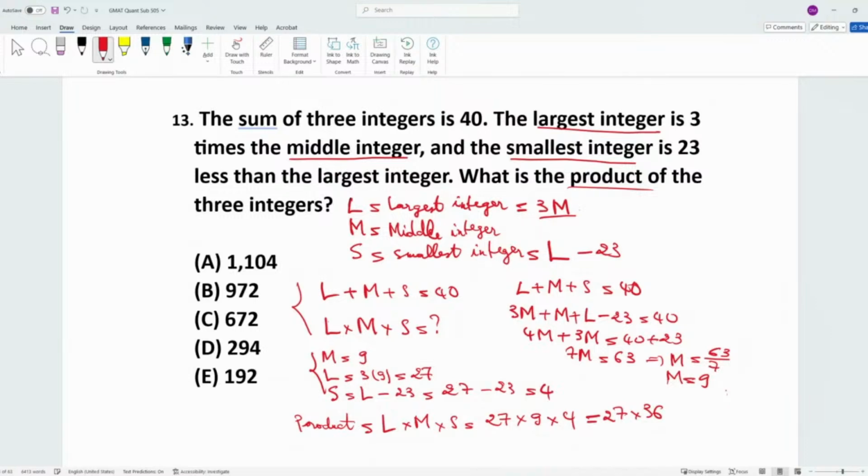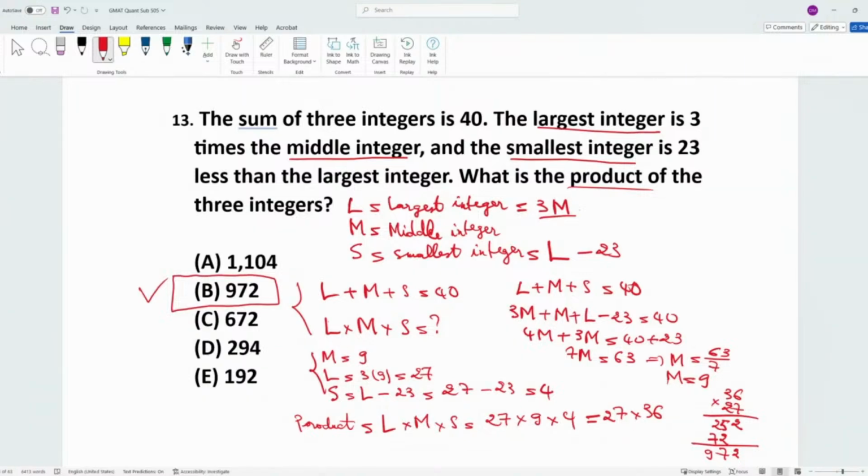If we just do the calculation, 36 times 27: 7 times 6 is 42, 21 plus 4 is 25, and 2 times 6 is 12, so we have 972 here. So the answer is B, 972. Okay, so that's the product.